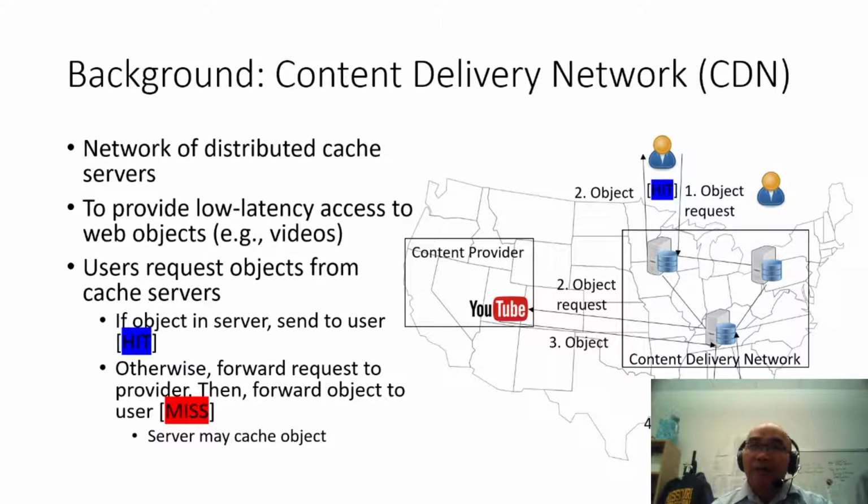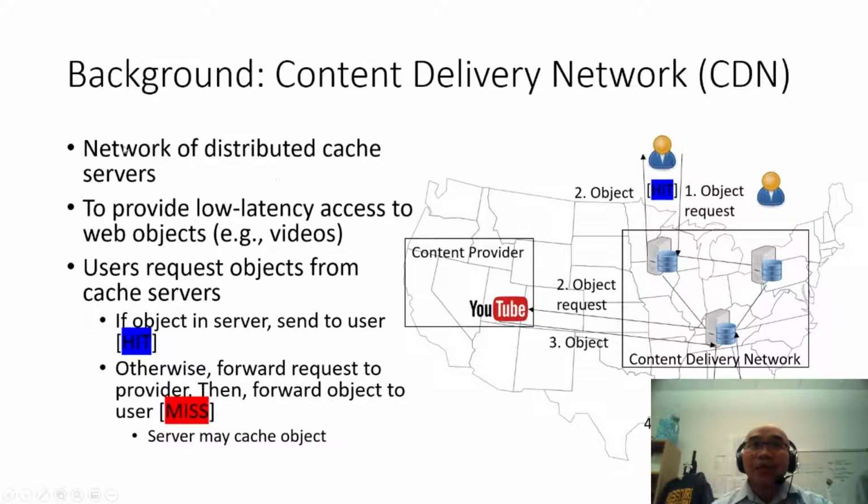So the farther the user is from the content provider, the longer time it takes for the transfer of the object. So then the longer the latency. The content delivery network is a solution to this latency problem.